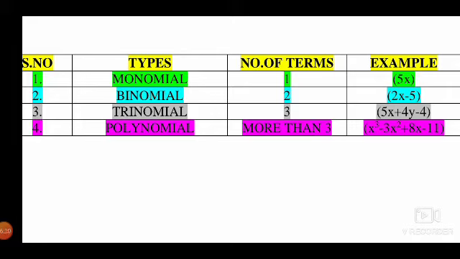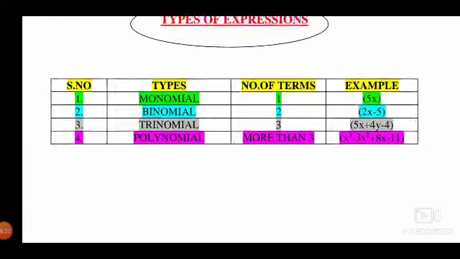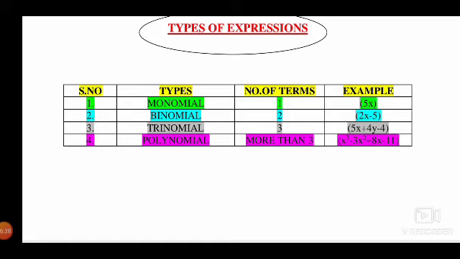Here x cube is one term, minus 3x square is the second term, plus 8x is the third term, and minus 11 is the fourth term. There are 4 terms, so more than 3 terms is known as a polynomial. So these are the types of expressions: monomial, binomial, trinomial and polynomial.